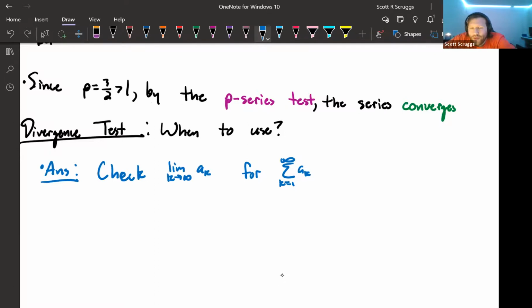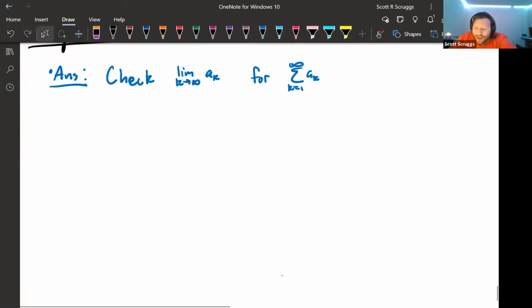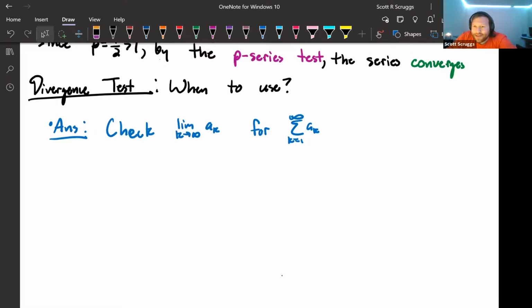And so sort of like when y'all learned limits in Cal 1, kind of the first thing that your professor taught you was first, plug in the value you're approaching. Hey, is it continuous, or does it make sense for that function? Answer is yeah. Good. That means you found the limit. Not good, then it's like, we should do something else. Kind of the same method here, the same thought here. I am just going to take the limit of a of k as k goes to infinity, and I'm just going to check what happens.